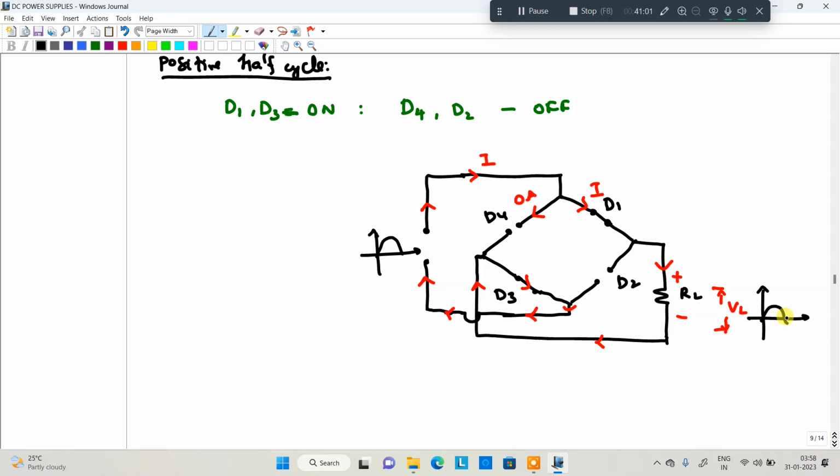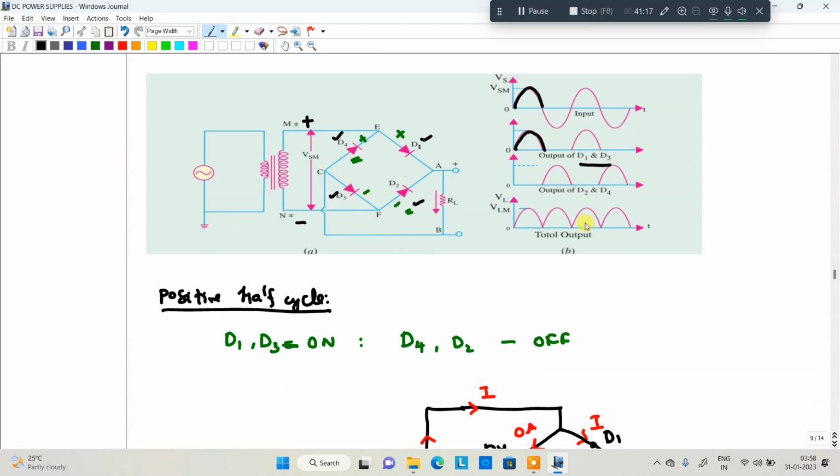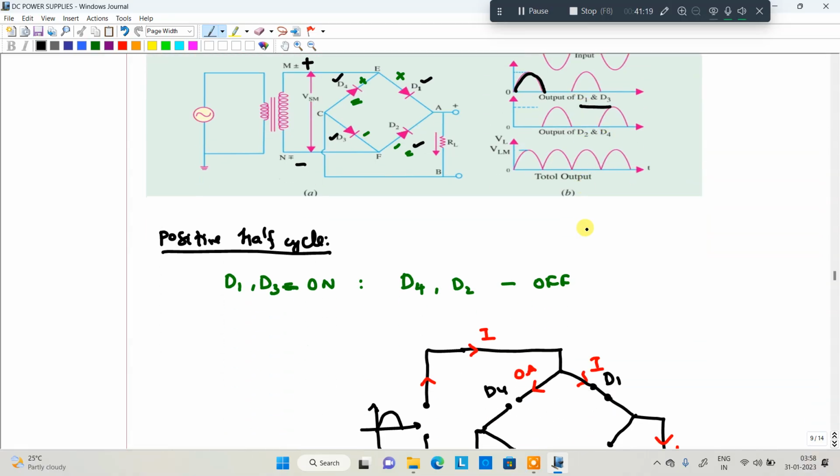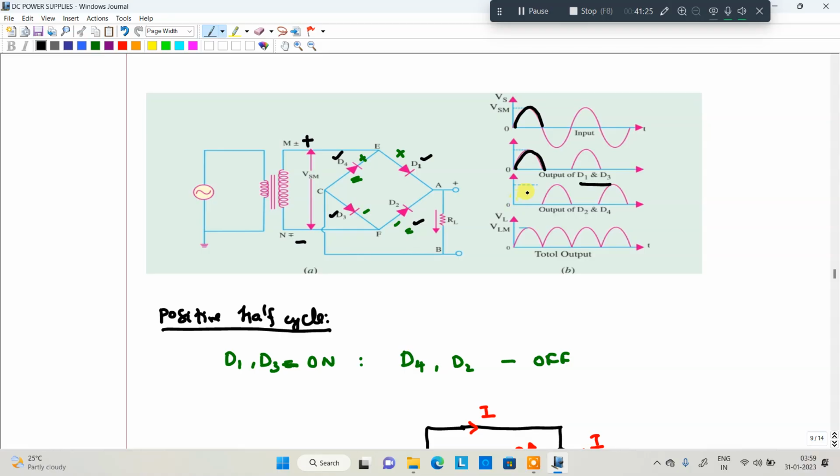Here given positive half cycle, we will get positive half cycle only output. Okay, this is for diodes D1 and D3. Coming to D2 and D4, both are open circuited. Whenever both are open circuited, what about the output in the positive half cycle? 0. There is no output.